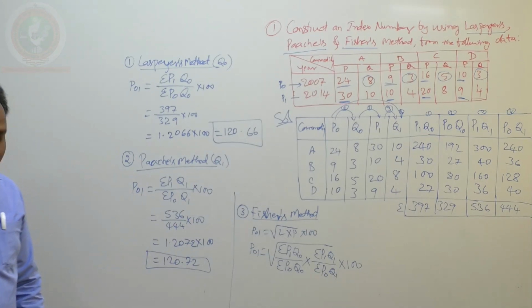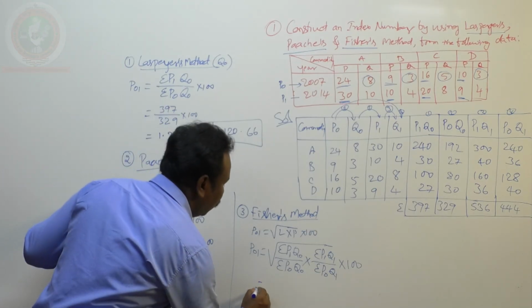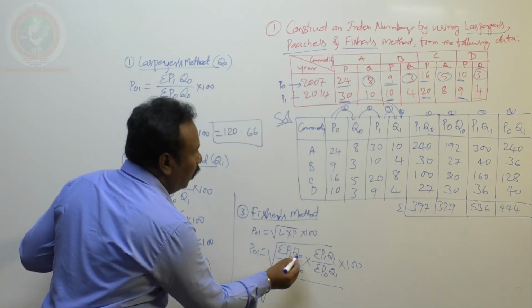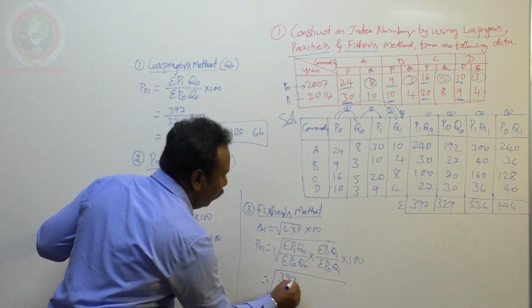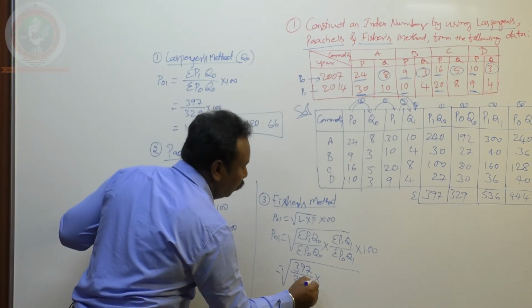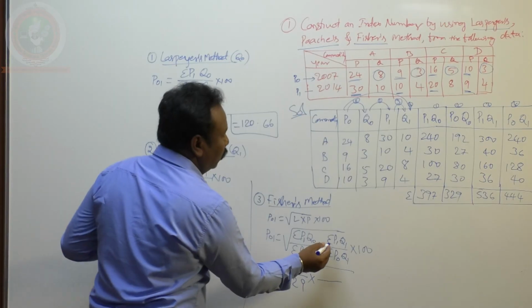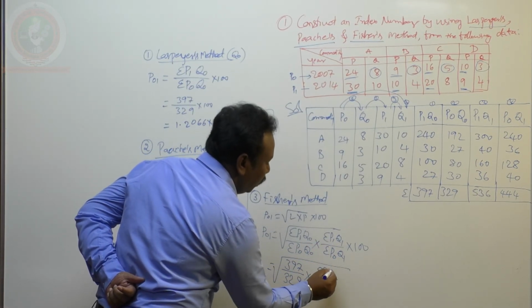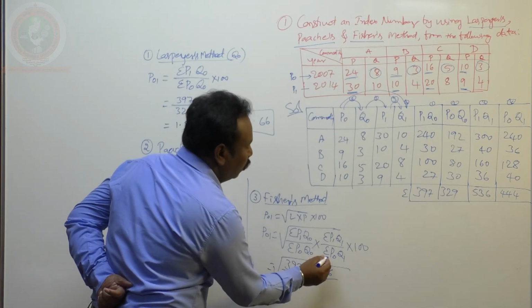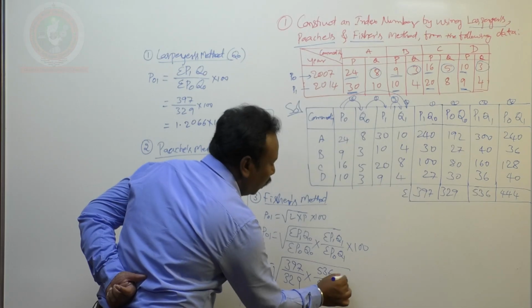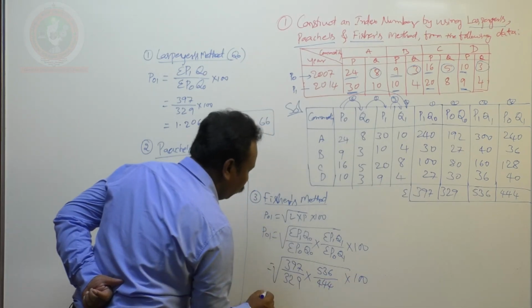Now, we have to take the values, simplify it, square root of, so summation of P1 Q0 is 397 divided by 329, into summation of P1 Q1 is 536 divided by summation of P0 Q1 is 444, into 100.